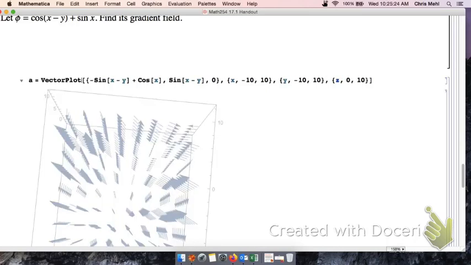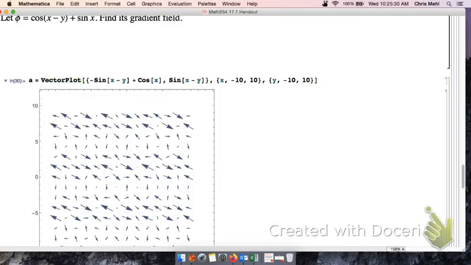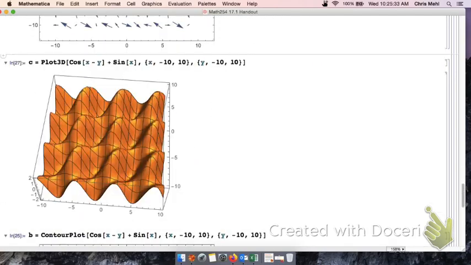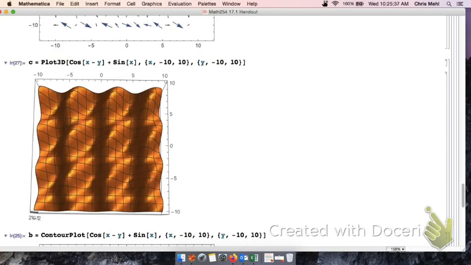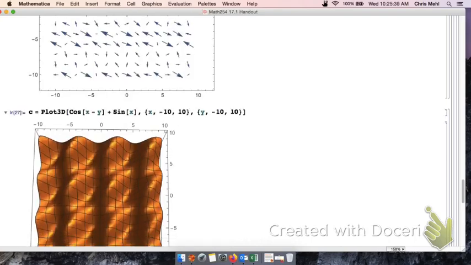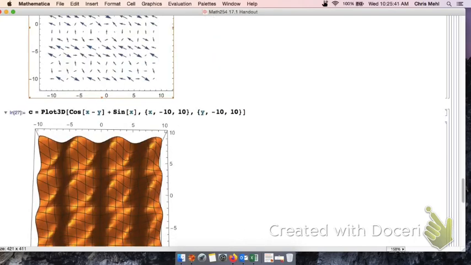So I would ignore that part. I would just think of the original vector plot. Get rid of the 0 component. There's my original vector plot. There's the surface. If I look at it directly from the top, and again, I wish I could get these together.